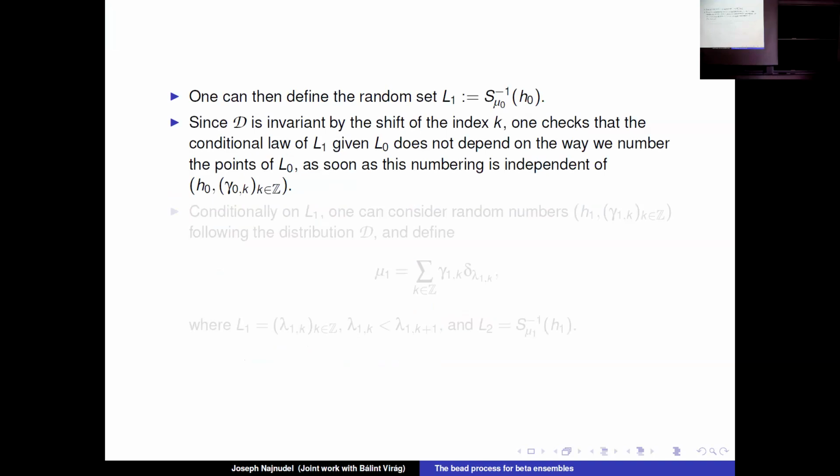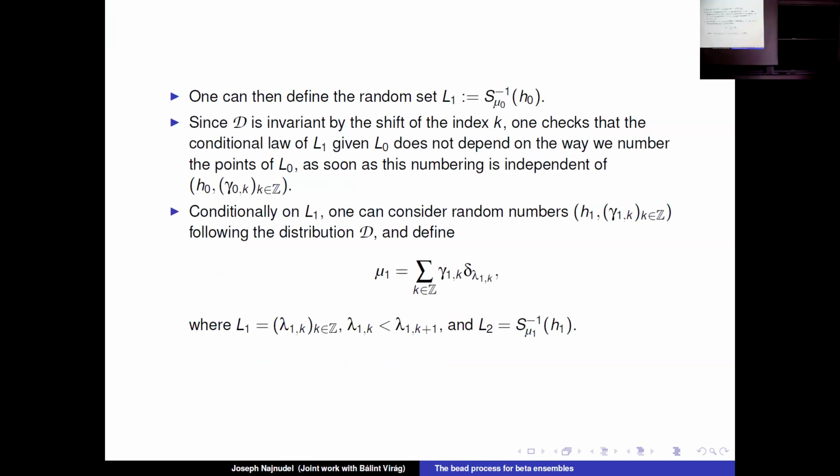Okay, and then this is this question of numbering, and then we can continue. We can start with L1 and then put fresh weights, compute the still-just transform, and take the level lines, and then iterate again and again. And in this way, we construct a Markov chain.